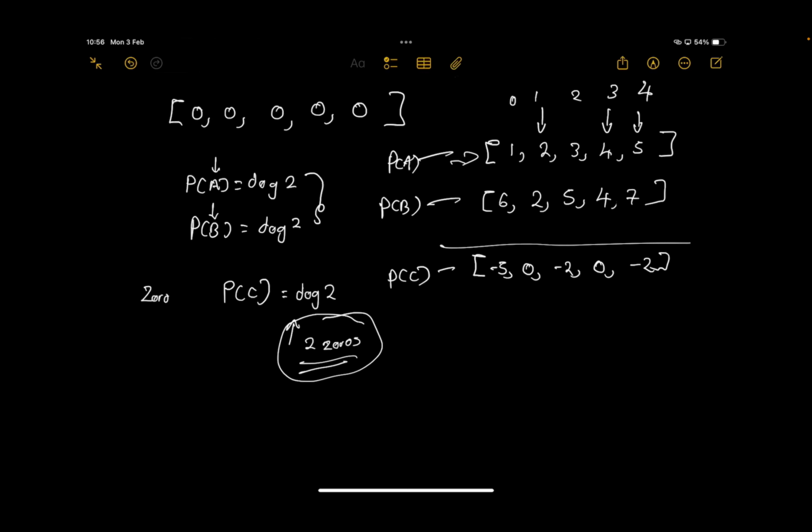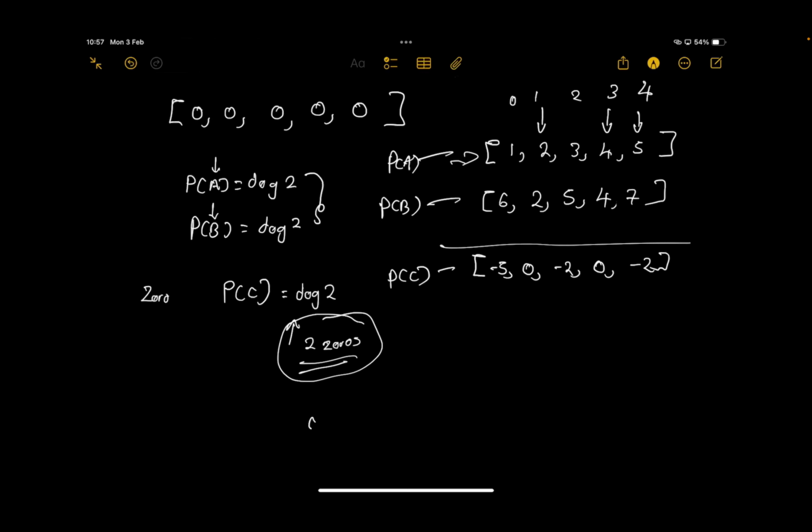No, not necessarily. Because we're not talking about roots for P of A and P of B now. We're talking about roots for P of C, and that will tell us where P of A and P of B are equal. So basically the roots of P of C are the points where P of A and P of B are equal. But the fundamental idea that I'm trying to drive at is that because of this, if 2 polynomials are different, they will only have the same evaluations at D points.